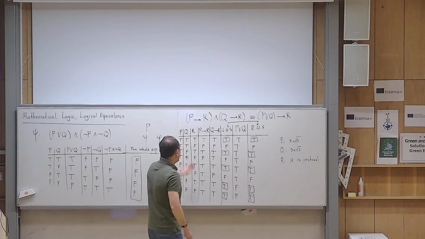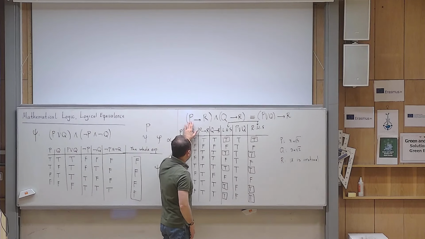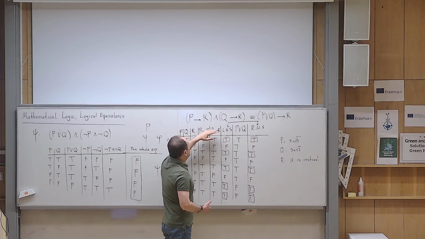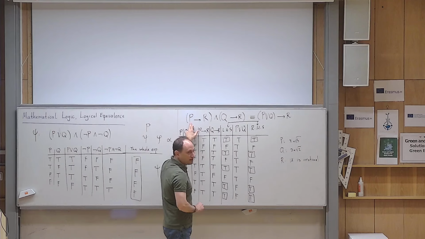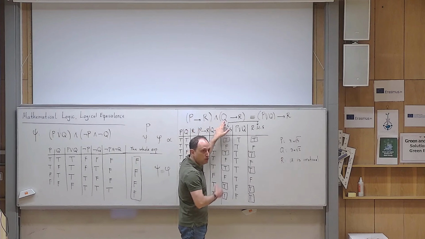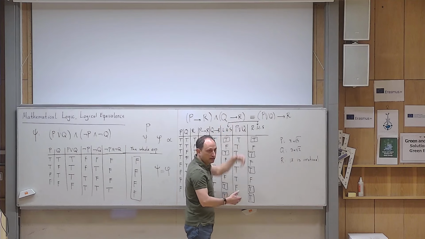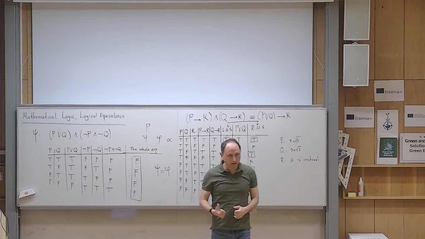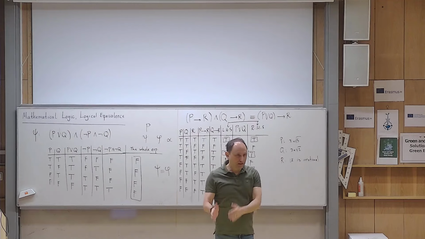I would say that if P and Q are both sufficient conditions for R, meaning that if I grant you P, you can conclude R, and if I grant you Q, you can also conclude R. It's logically trivial that if I grant you either P or Q, you can still grant me R.